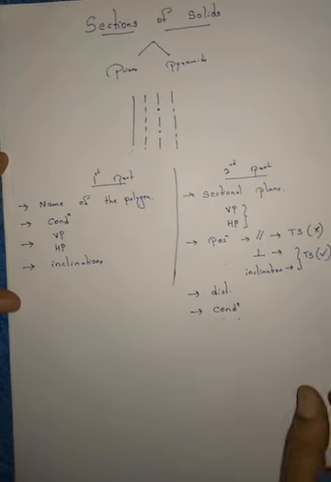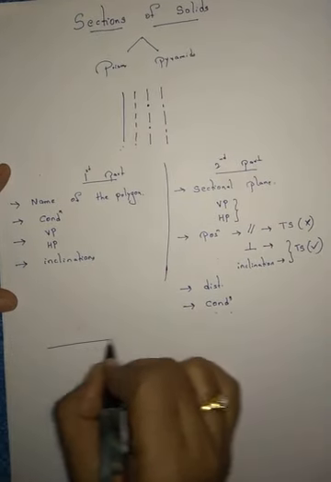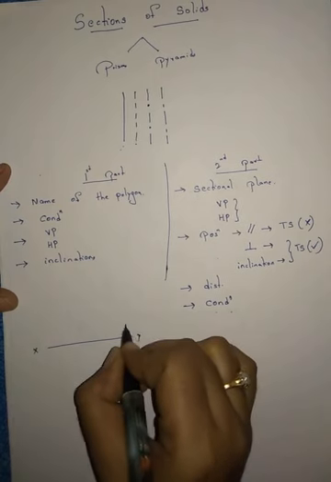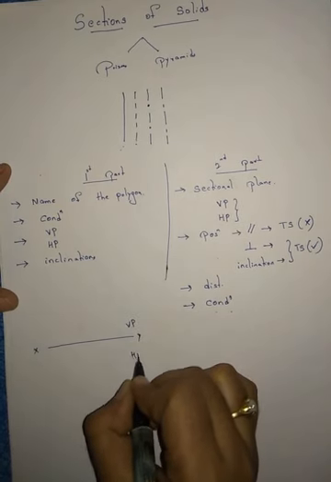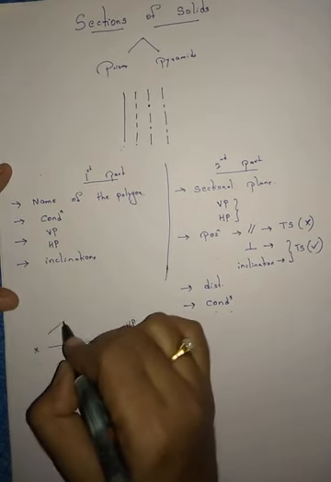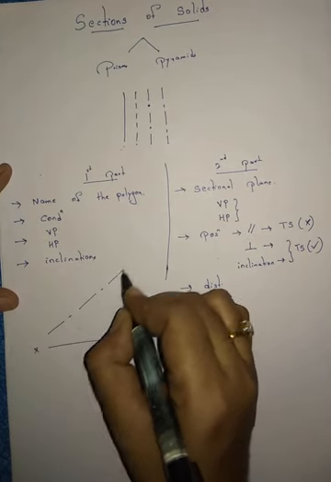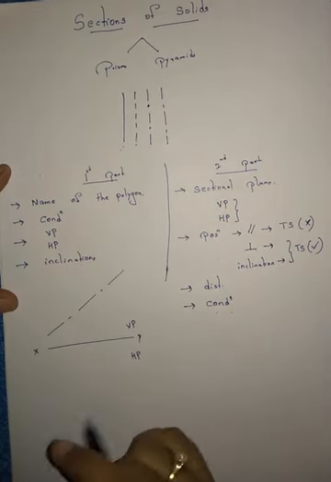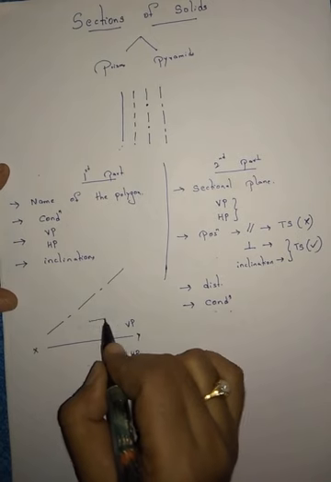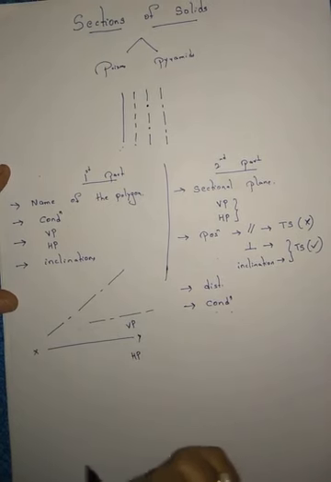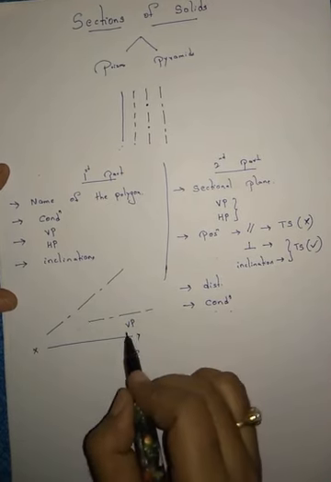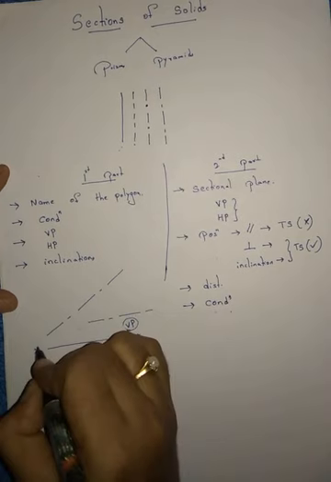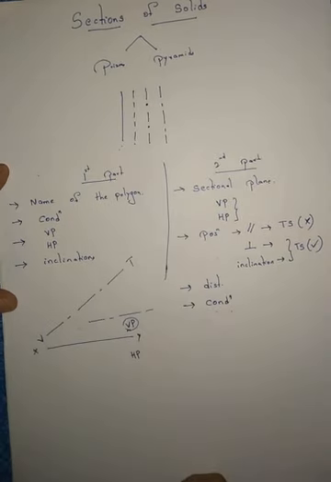Before going to solve the problem, I want to tell you one thing. This is your reference line XY, VP, HP. Whenever you draw the sectional plane, say at 45 degrees to HP or parallel to HP, if you draw it in the vertical plane, name it as vertical trace, VT.